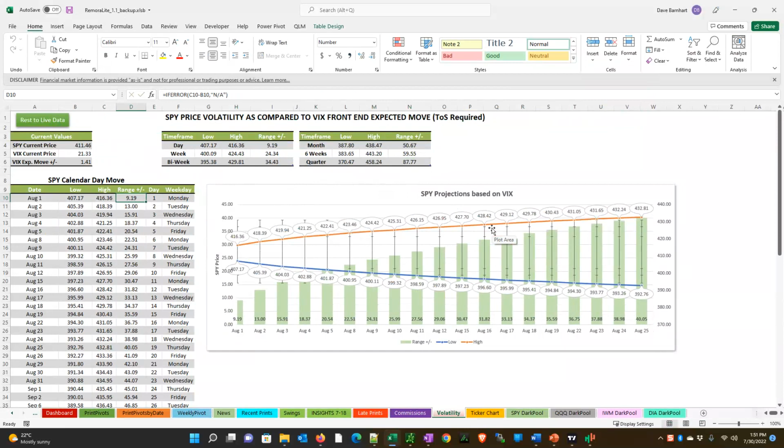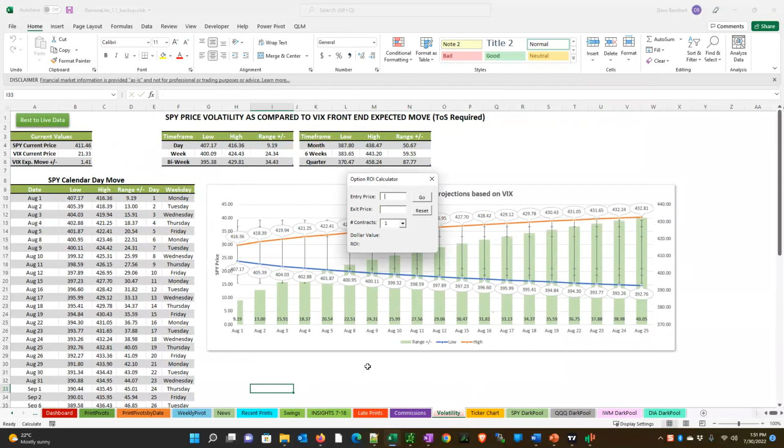Okay, so we've looked at the volatility. Oh, a couple other things. I'm pretty much done. I'm going to wrap up. A little quick tool, Control-Shift-R for return on investment calculator. You can put in a stock price if you want, but if you buy something for 30 cents and sell it for 55 cents, and you have 20 contracts, it's $500 profit.